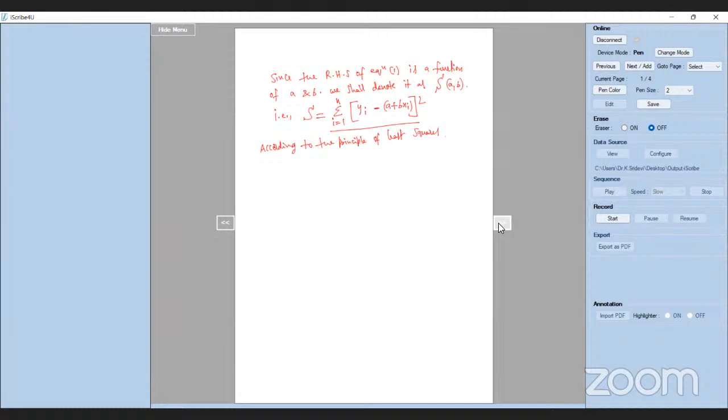Here we have to determine the parameters. How many parameters are there? A and B, so that S is a minimum value.